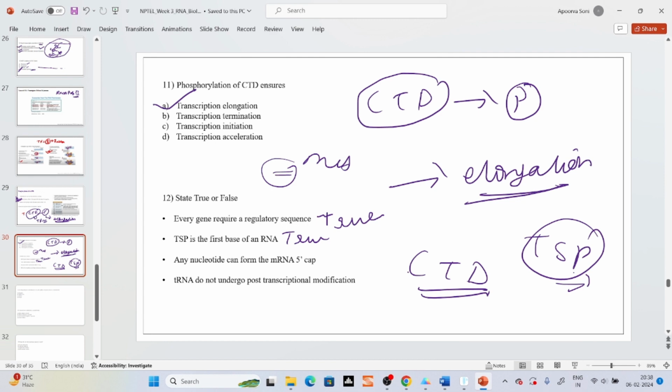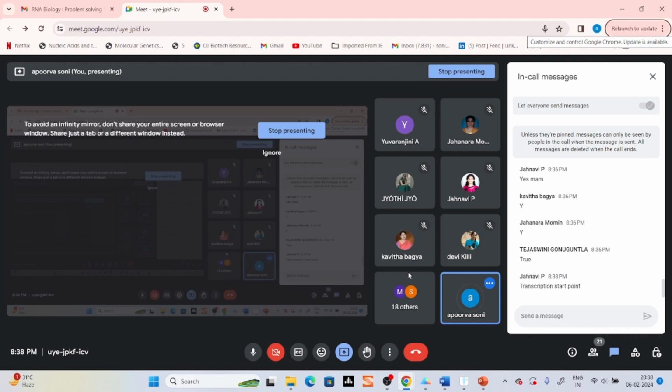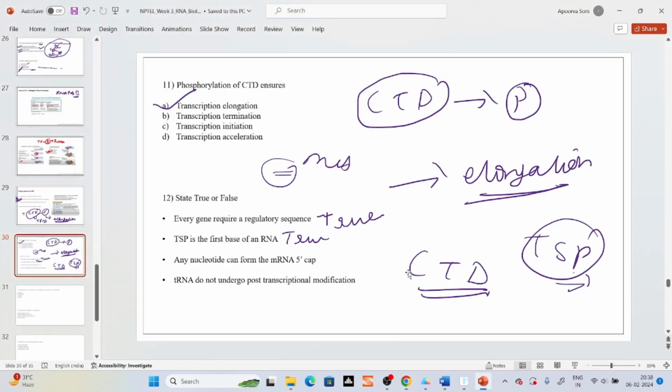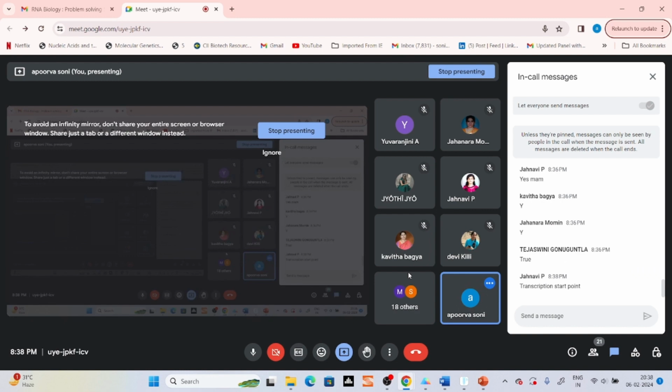Then, any nucleotide can form the mRNA 5' cap. True or false? Yes, transcription start point, Janvi is saying correct. Okay, the question is, any nucleotide can form mRNA 5' cap, true or false? Yes or no?